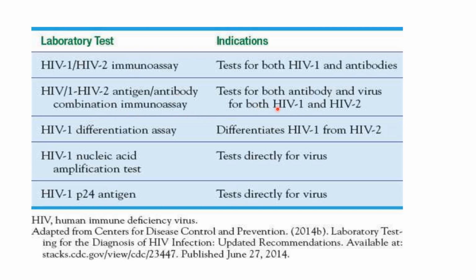That is to test for both antibody and virus for both HIV-1 and HIV-2. And we have the HIV-1 differentiation assay to differentiate HIV-1 from HIV-2. And the HIV-1 nucleic acid amplification test. This is to test directly for the virus. And the HIV-1 P24 antigen. This is again to test directly for the virus.